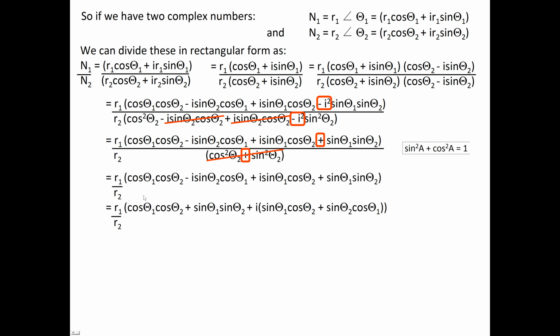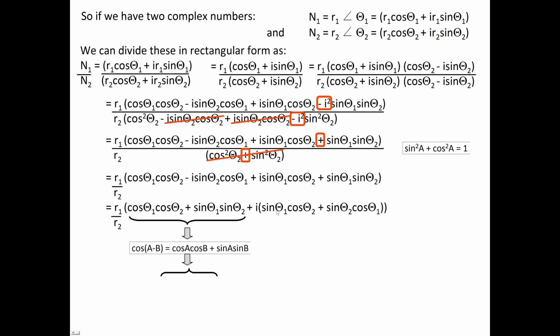And if we collect together the real parts and the imaginary parts, so there's a real part that can stay here, and there's a real part, sine theta 1 sine theta 2, that can go there, and then the imaginary parts, which is this part here, we can take the I outside of the brackets, and we've got I times sine theta 1 cos theta 2 minus sine theta 2 cos theta 1.